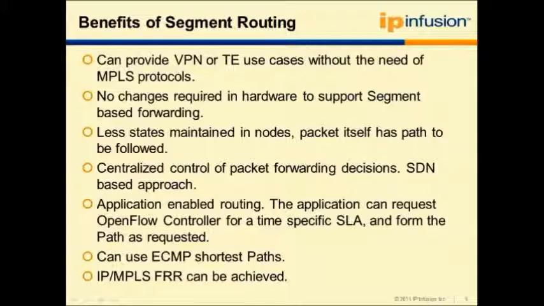So it's very flexible and can be achieved in a much simpler manner than the current way, which requires going directly to configure the nodes and the ingress node. Another major benefit is that it can achieve ECMP shortest paths, and traffic can be load balanced across the ECMP paths. Also, IP and MPLS FRR, that is fast reroute, can be achieved by segment routing.